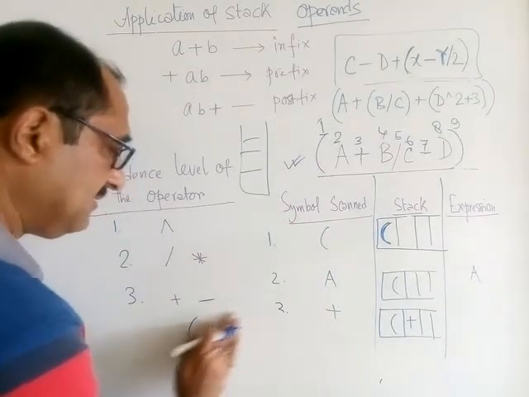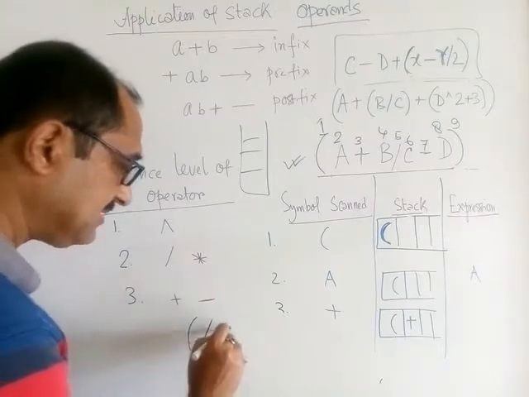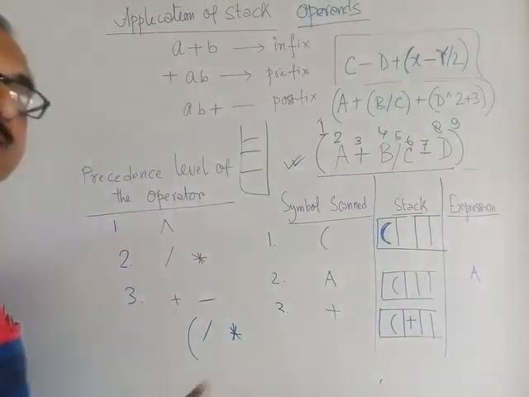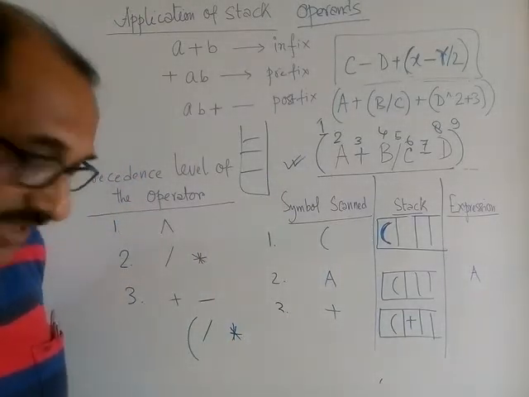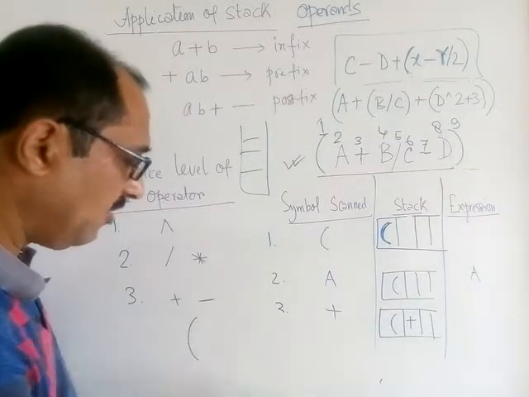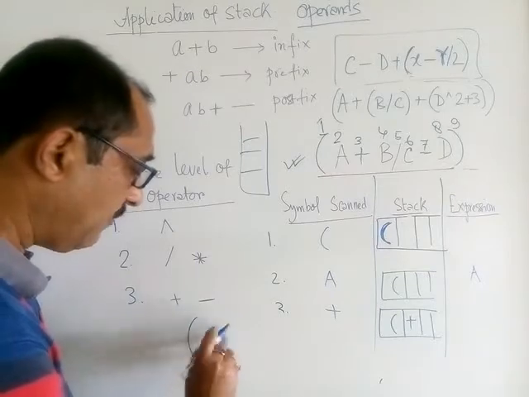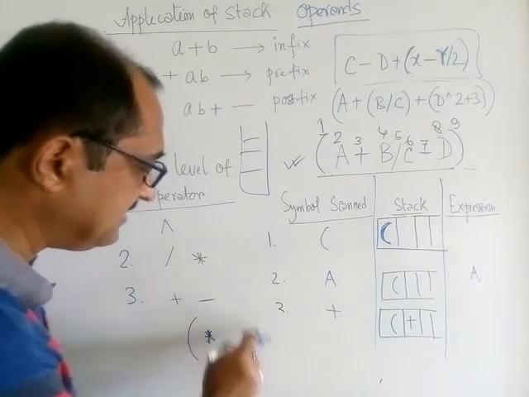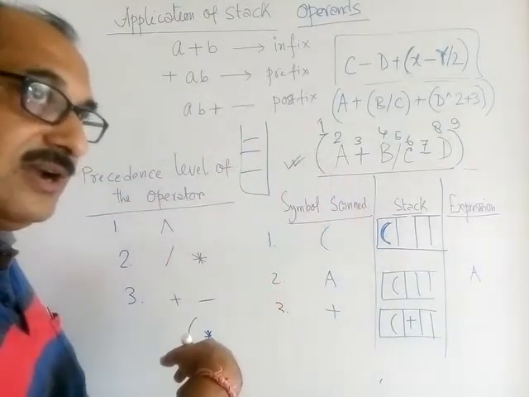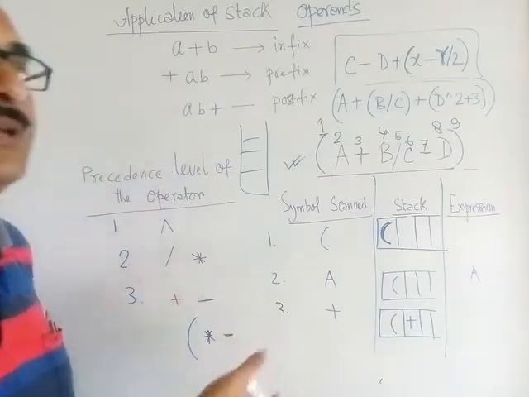In fact, by the same logic, this is also not permitted because they are operators of the same precedence level. So operators of the same precedence level cannot sit side by side, and an operator of lower precedence than its left one also cannot sit side by side.